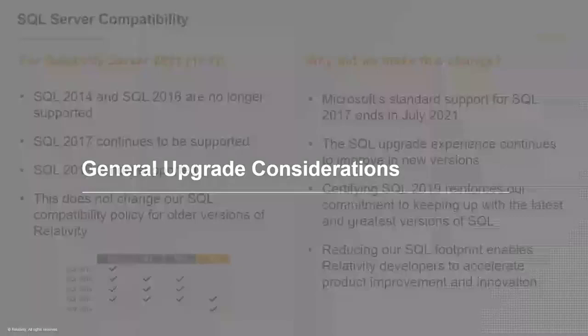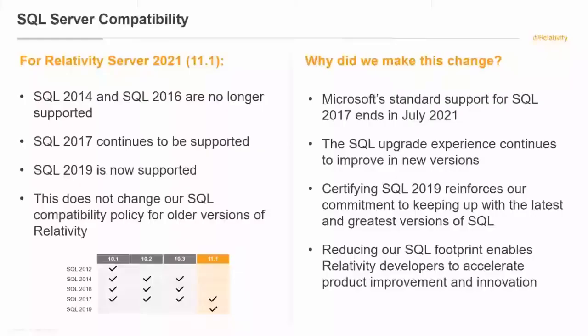In Relativity Server 11.1, SQL 2014 and 2016 are no longer supported. SQL 2017 will continue to be supported, and 2019 is now supported. We've made this change for several reasons. First, Microsoft's standard support for SQL 2017 ends this July.